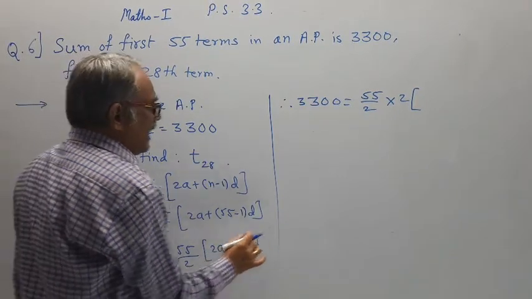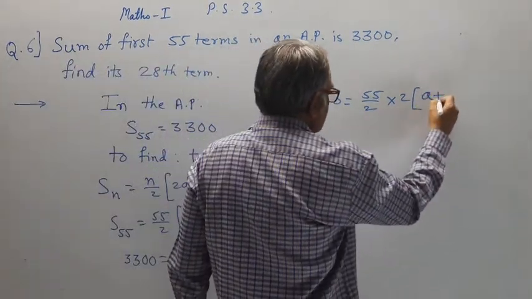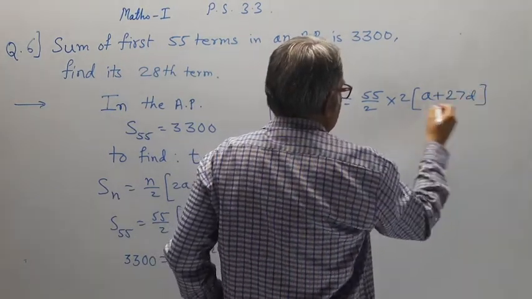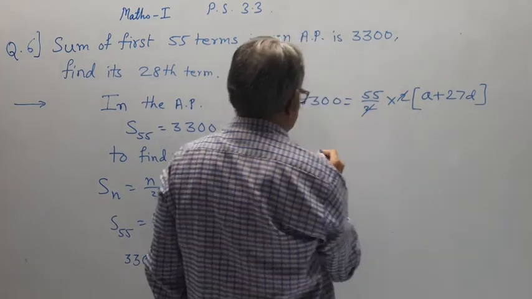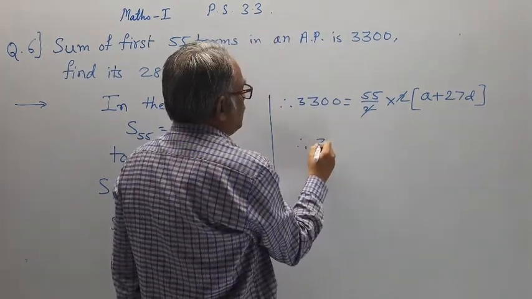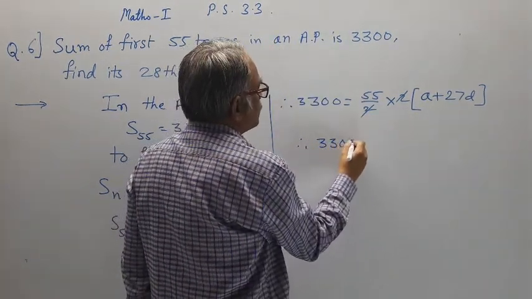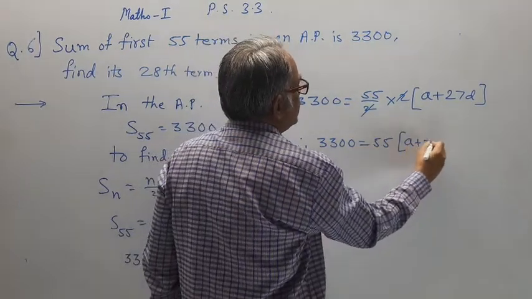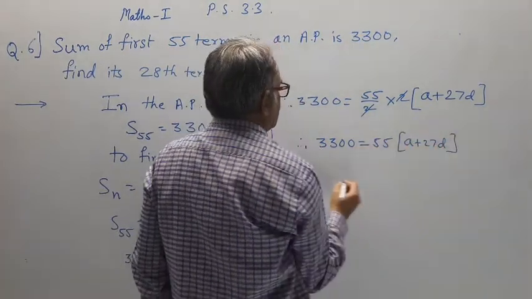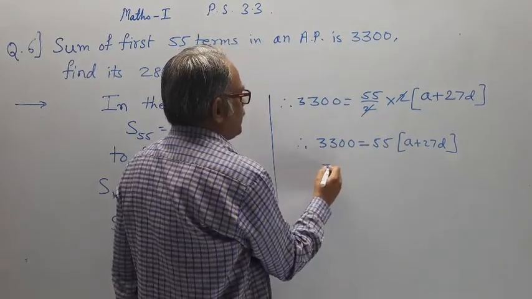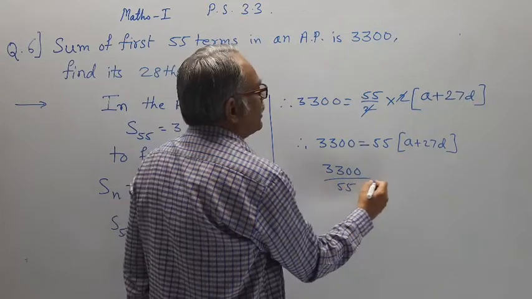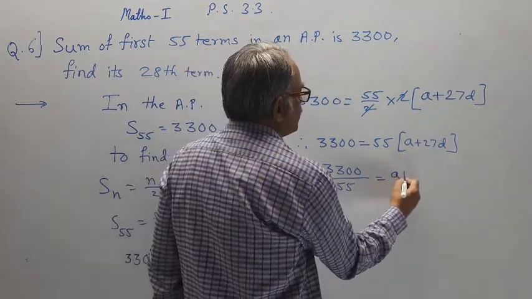What will remain? a plus 54 divided by 2, 27d, 2 cancelled. 3300 is equal to 55 into a plus 27d. Therefore 3300 upon 55 is equal to a plus 27d.